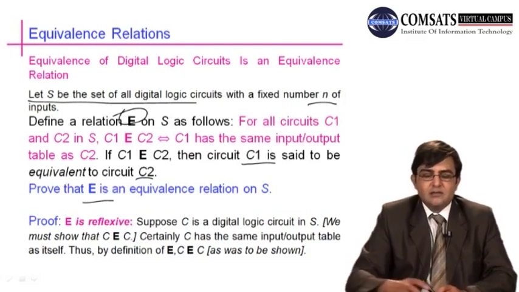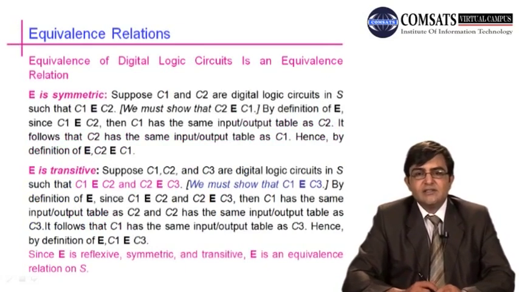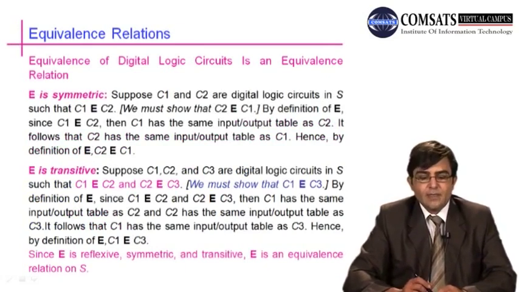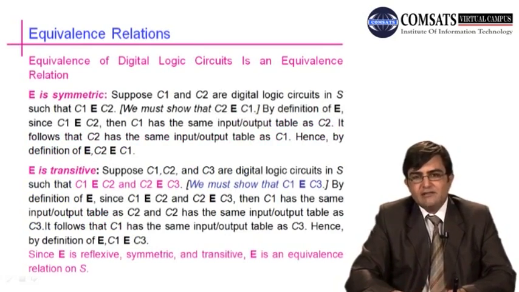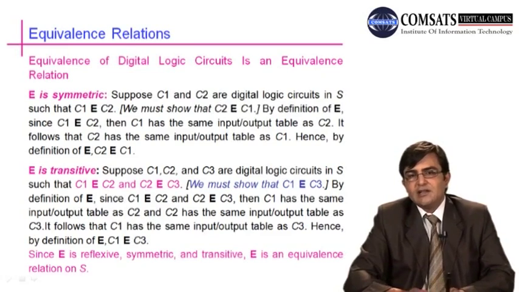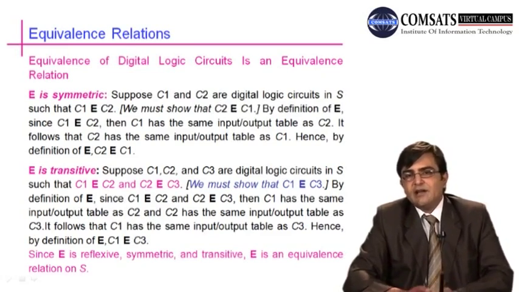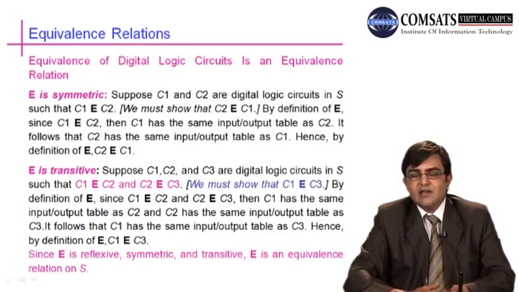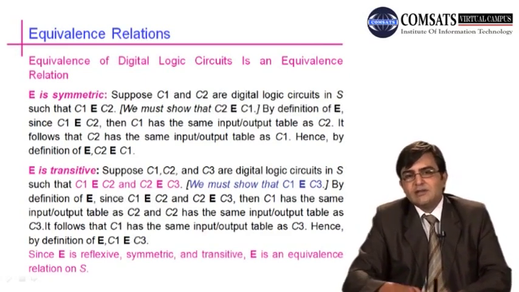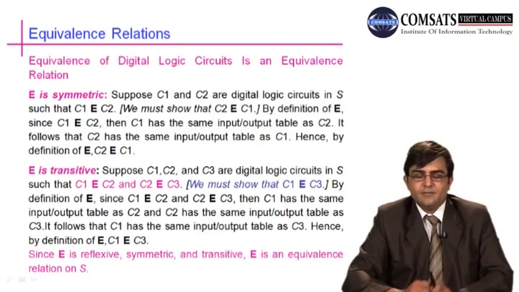So this relation E is reflexive. Now we have to check the second property, the symmetric property of the relation. If we have two circuits C1 and C2 and C1 is related to C2, then C1 has an input-output table, and C2 will have the same input-output table as C1.